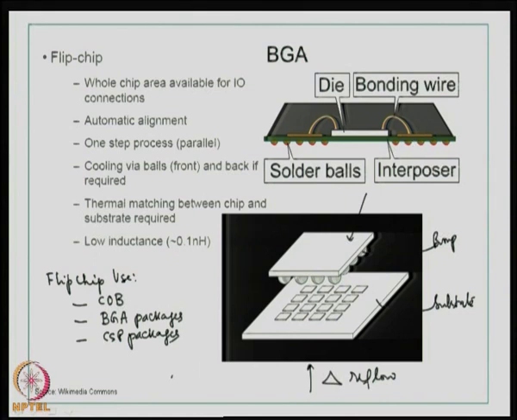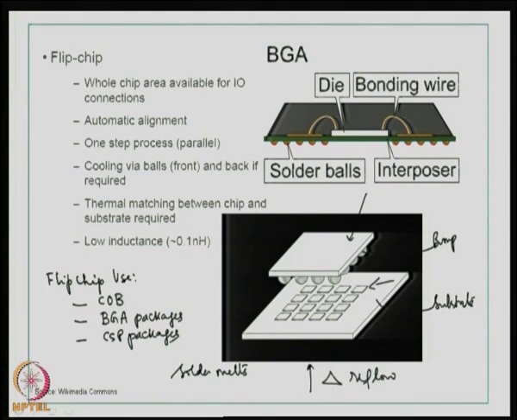The solder will melt. Because it is a melting process, the chip will try to move away from its position slightly. Okay. But the surface tension of the solder material in conjunction with the bond pad area and the bond pad material will pull back the die to its original position.